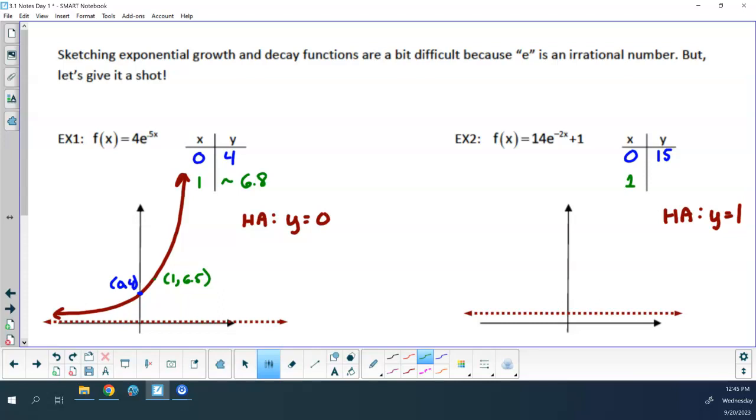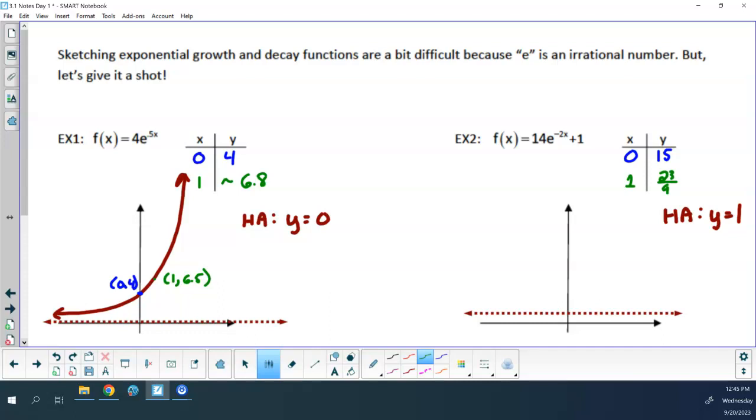Which is 1/9 times 14. 14/9 plus 1 is going to be 23/9, which is bigger than 2 but smaller than 3, right?